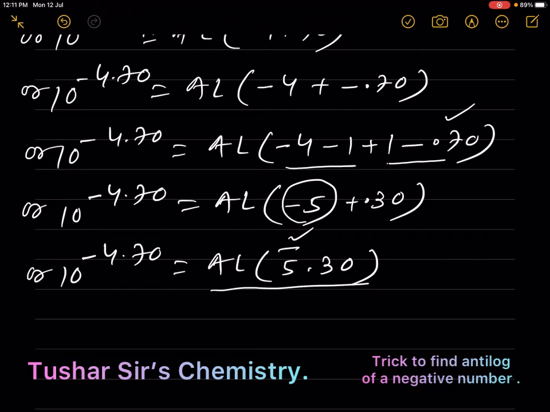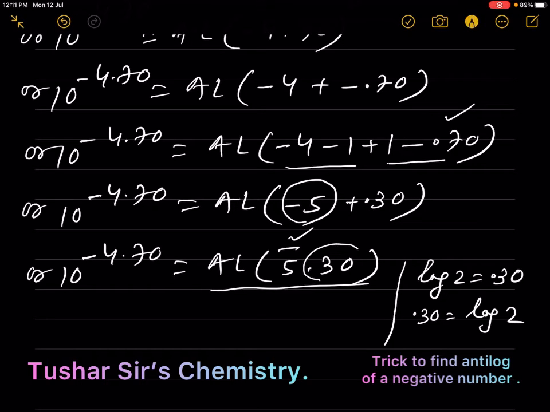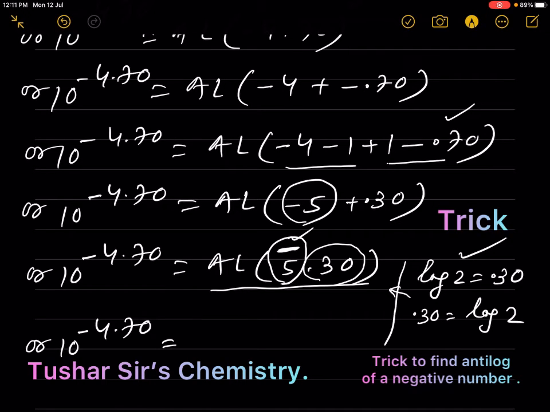We have to follow a trick. As we know, log 2 is equal to 0.30, or you can say 0.30 is equal to log 2. Here you see 0.30 is there. Just remember, I will apply this trick over here. 10 to the power minus 4.70: this part becomes 10 to the power minus 5.